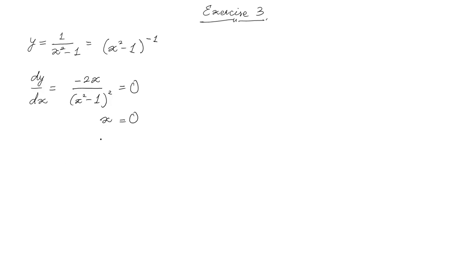Right, now that we have the value where the shape of tangent is a horizontal line, we can draw our table of shape of tangent. Simply put x over here. 0 will be in the middle. You can use a very close value, which is half, or you can simply use a 1.